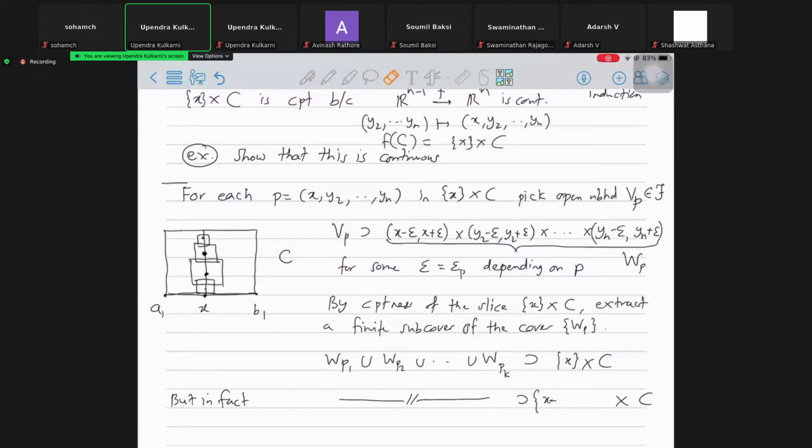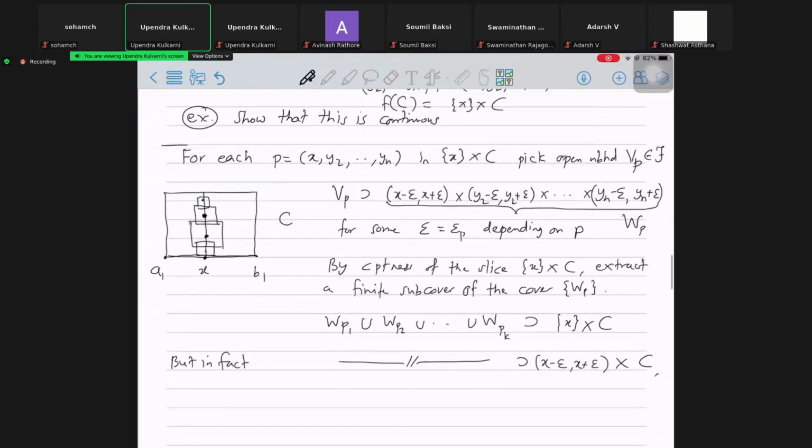So let me write this down, equal to (X minus epsilon, X plus epsilon), where epsilon is equal to the minimum of epsilon P1 up to epsilon Pk.